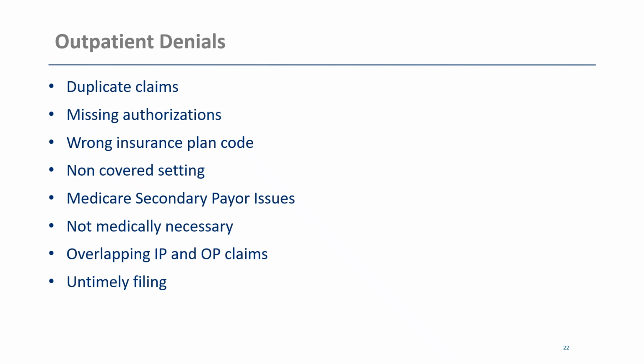They can be duplicate claims, missing authorizations, wrong insurance plan code, non-covered services, MSP issues, medical necessity issues, overlapping claims, untimely filing, all those things.